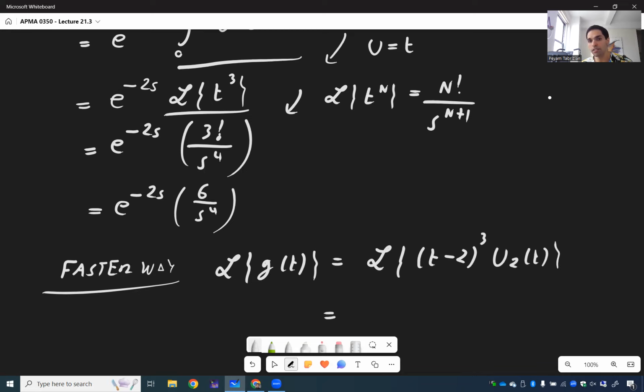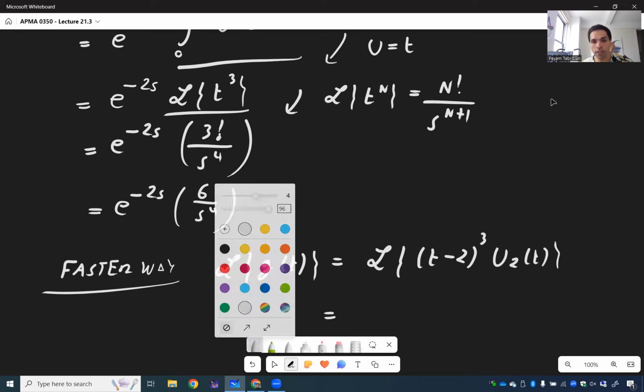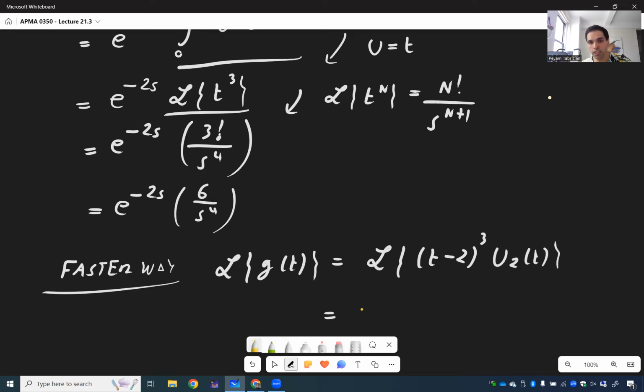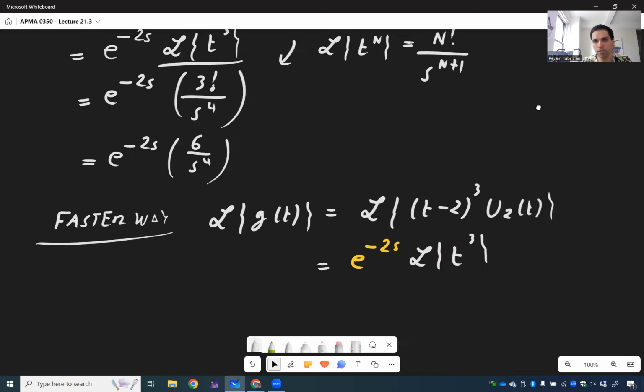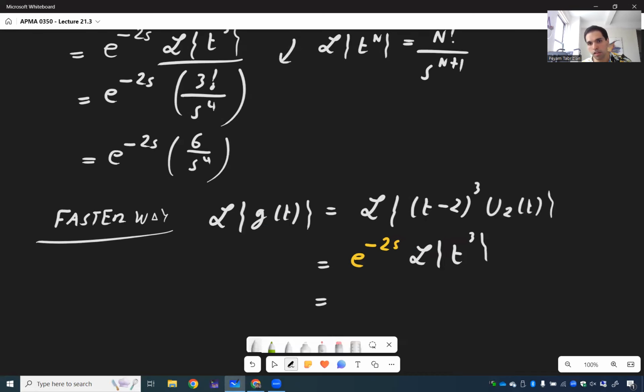And notice, at some point we got this extra exponential term to appear, e to the minus 2s times the Laplace transform of the cubic function. So e to the minus 2s, and then 6 over s to the 4th.